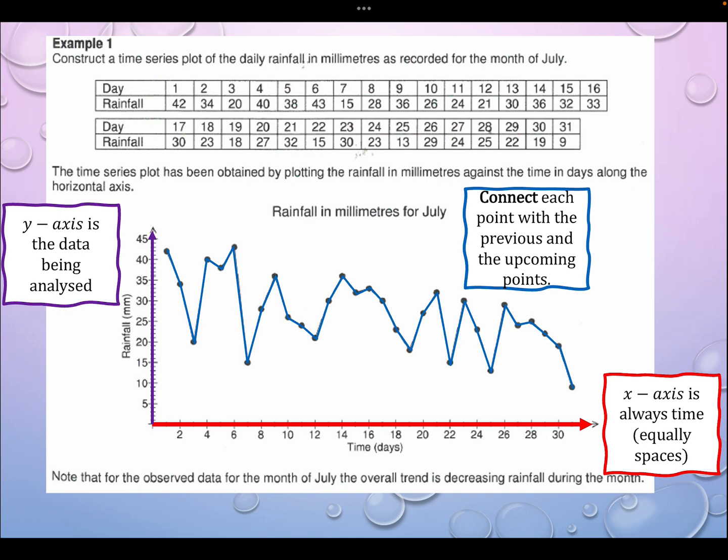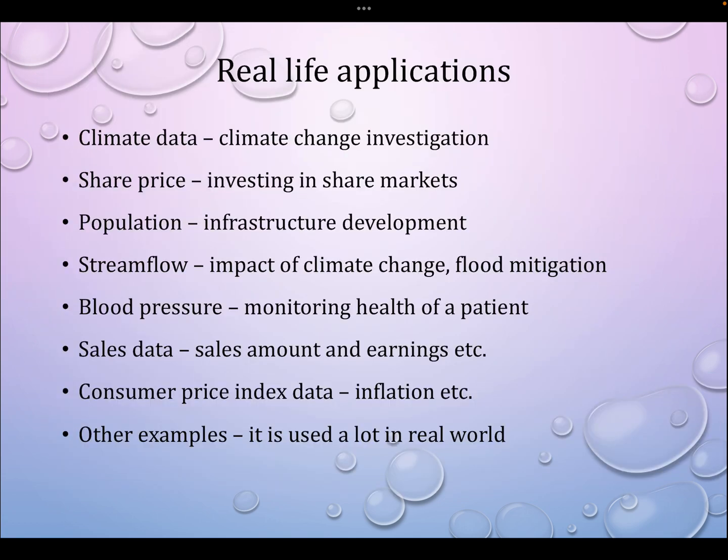Next, what we're going to look at is some real-life applications. Climate data is typical. We can use it to investigate climate change. Share price, thinking about whether we should invest, buy some shares or sell the shares. Population for infrastructure development.